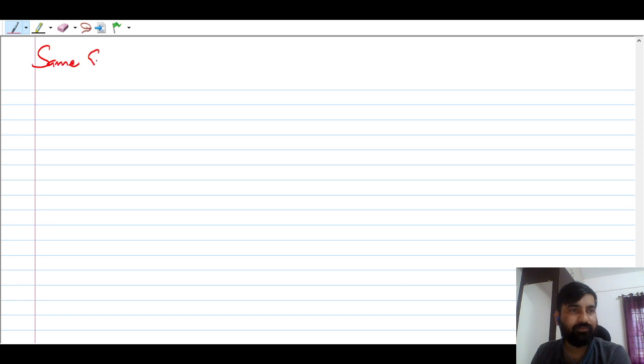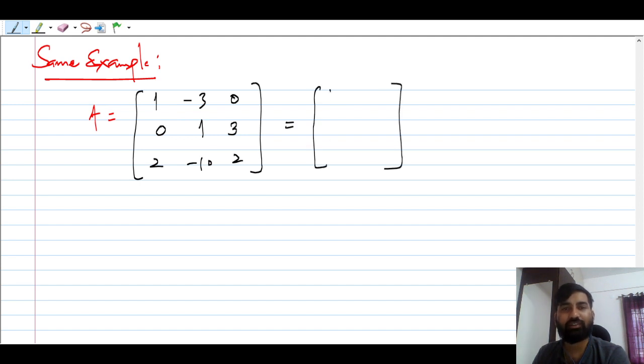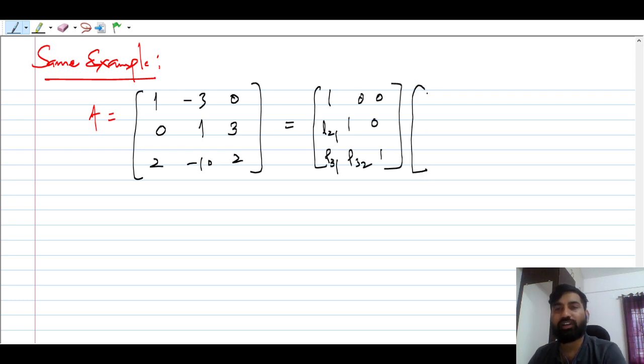Same example. तो आप A matrix ले लो। A matrix क्या दिया हुआ है? Your A matrix, that is 1, -3, 0, ये 0 दिया है, 1, 3, 2, -10 and this is 2. ठीक है, अब आप क्या करो इसको L के फॉर्म में। L is nothing but this 1, 1, 1 and this L21, L31, L32, ये सबको 0 कर दो। Fine, now you write the L matrix, right?